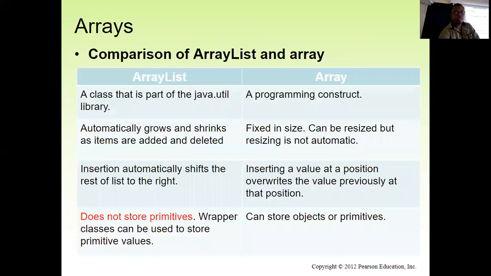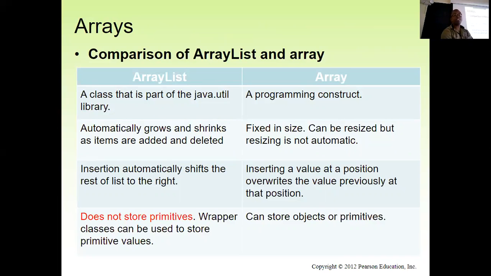Now, here's a comparison between arrays and array list. Very important: an array list is a class that is part of the Java util library. Array is built into Java as a programming construct. You don't need to include anything in order to access or create arrays. Array list grows and shrinks.